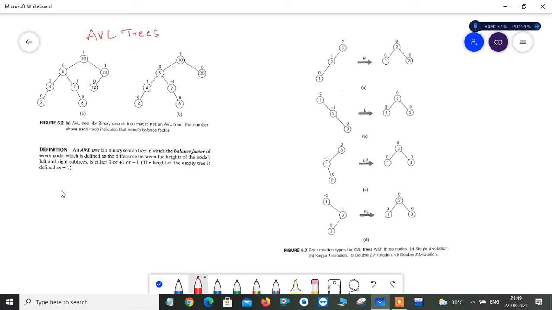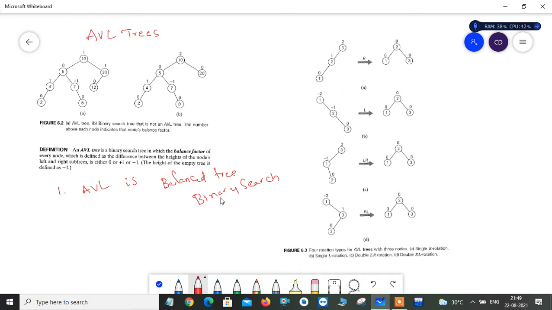So what are the properties we have? The first property is that an AVL tree is a balanced tree. We can say simply that an AVL tree is a balanced binary search tree. What do we mean by balance?